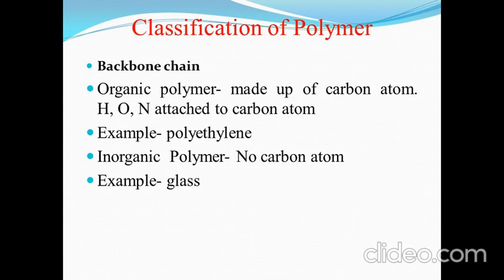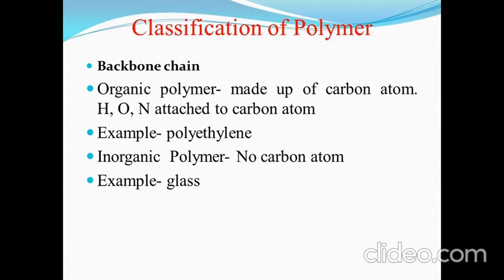The first one is organic polymer. A polymer whose backbone chain is essentially made of carbon atoms is termed an organic polymer. It means the long chain is made up of carbon atoms.